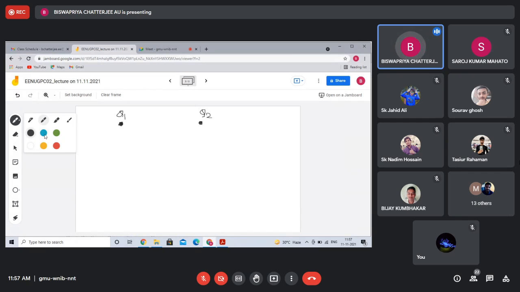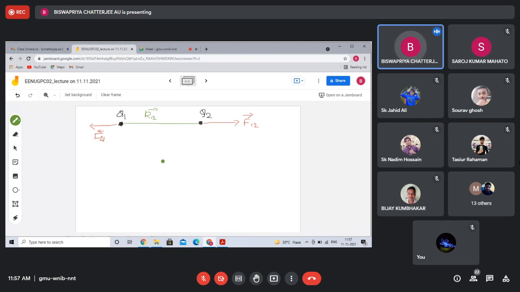Force on Q2 due to charge Q1 is F12. Similarly, force on Q1 due to charge Q2 is F21. This is the standard nomenclature. The distance between them is R12.